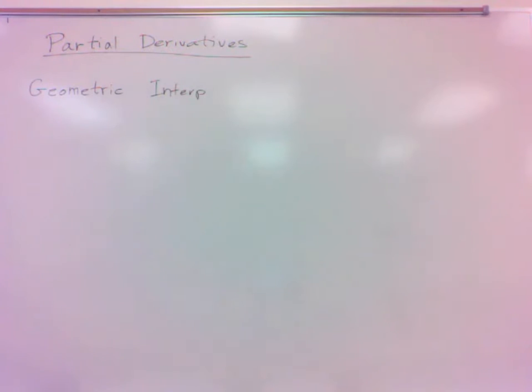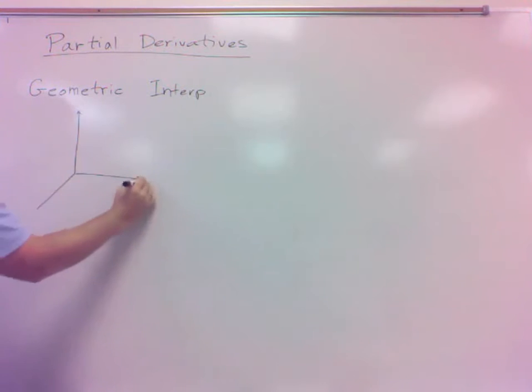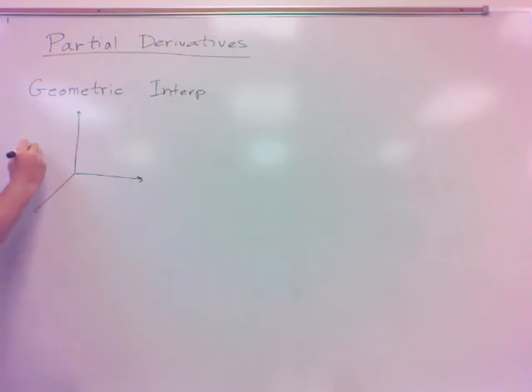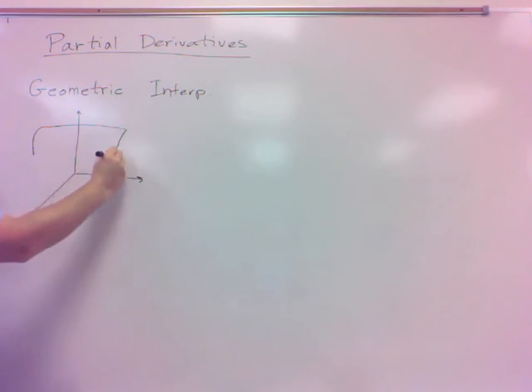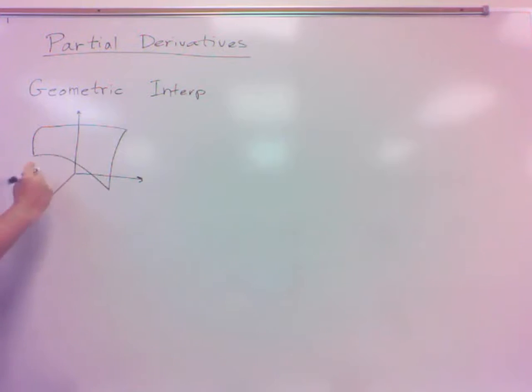All right, so let's say we've got this curve out in space here, z equals f of x y. And I'm going to draw it something like this. So it's kind of got a curve there to it.